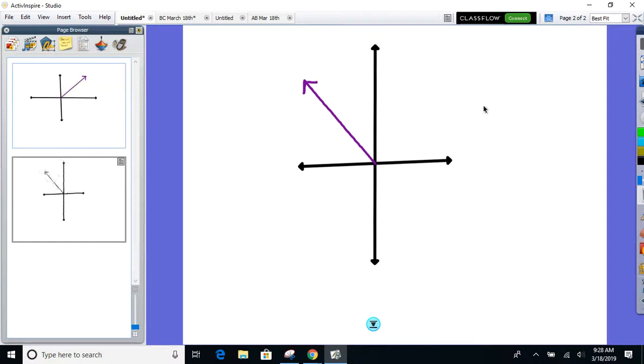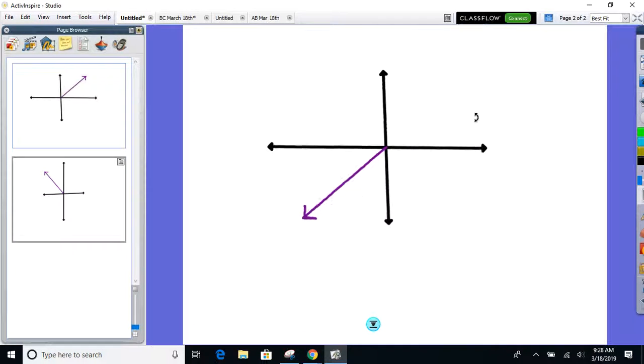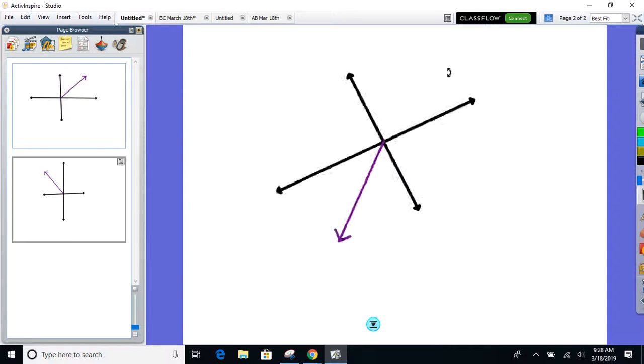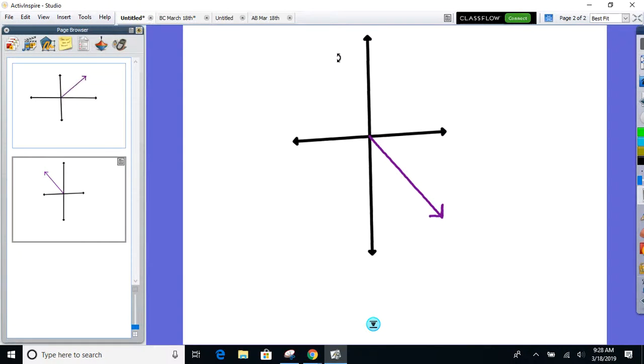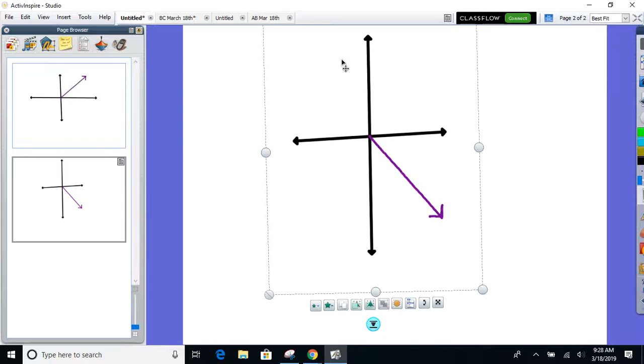How many degrees did I just go? 90. How many degrees? 180. I need a 270, right? So one more quarter turn. There, I'm at 270. And then this is south, this is east, so this would be southeast, going that way. Literally, turn your paper. You don't think about it, just turn the paper.